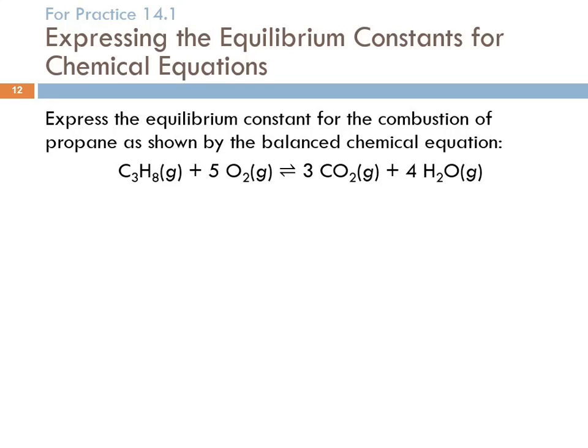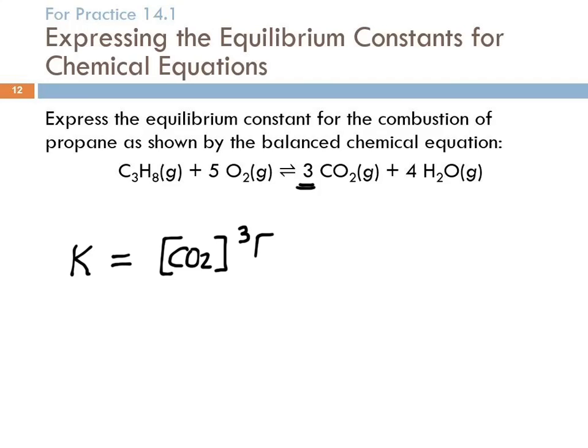So here's one for practice. Express the equilibrium constant for the combustion of propane as shown by this balanced chemical equation. So this shouldn't be too tough. So K is going to equal, what do we put in the numerator? The concentrations of the products. So we've got CO2. And does that have an exponent? Yes, so it'll be 3, right? This guy.